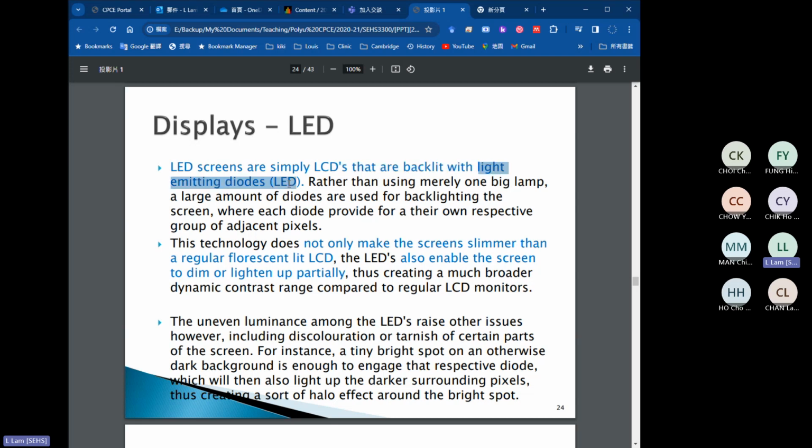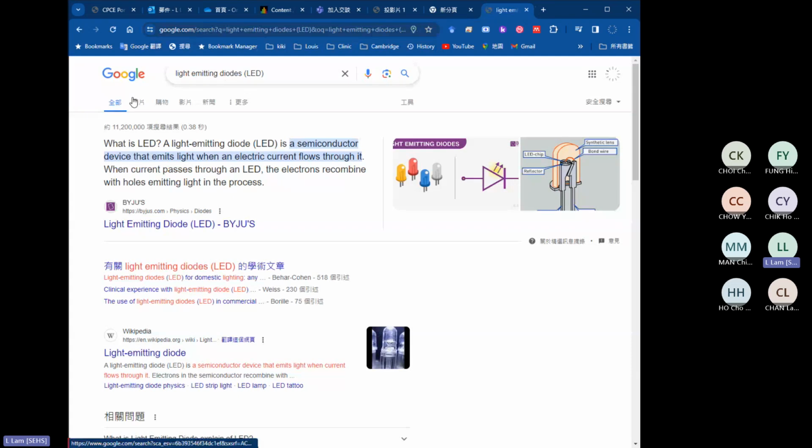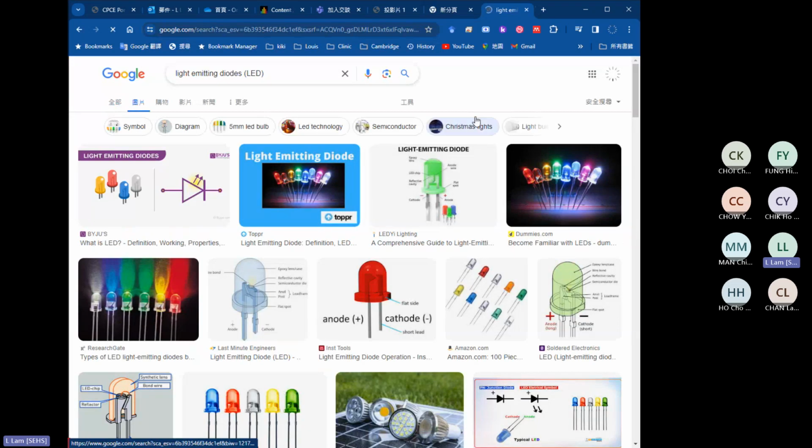If you look at this term and go to the internet to take a look at the device, an LED is just a tiny light source.